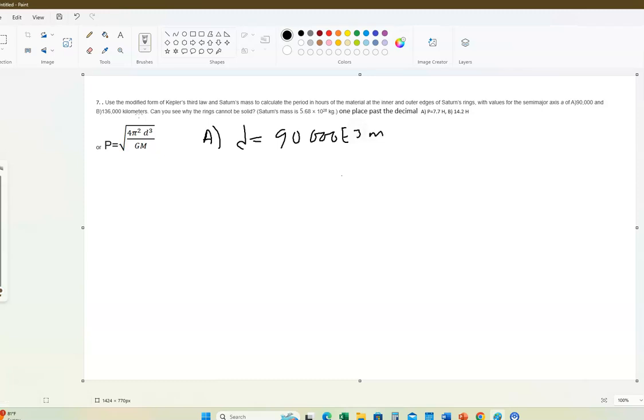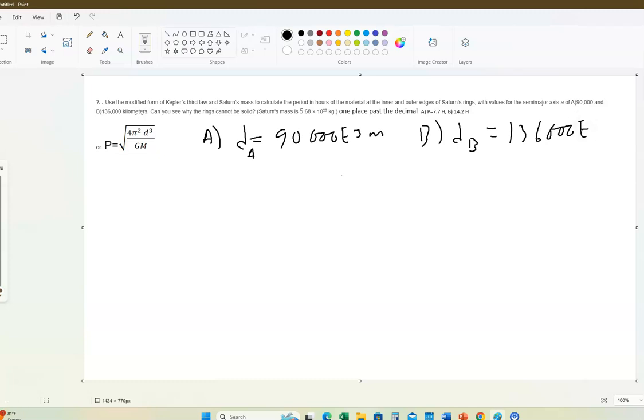Then for B, the distance is 136,000, and you can just add 3 more zeros.